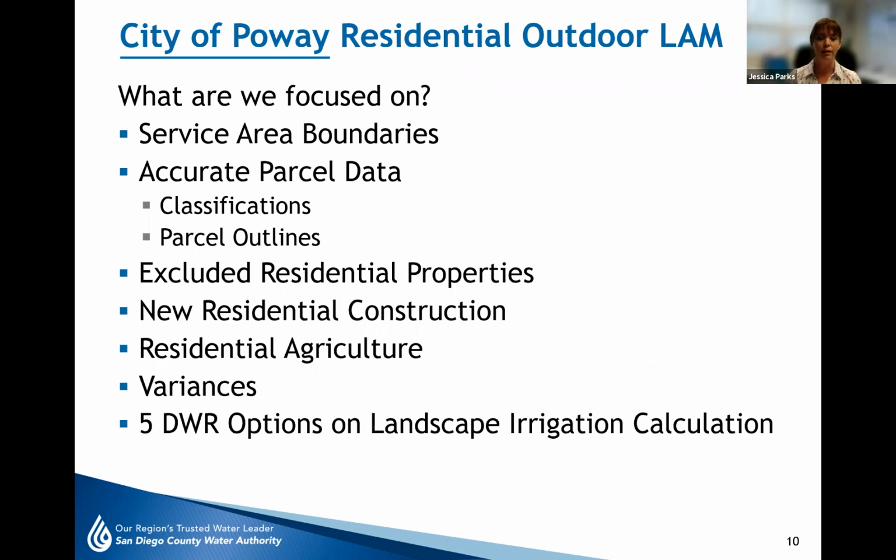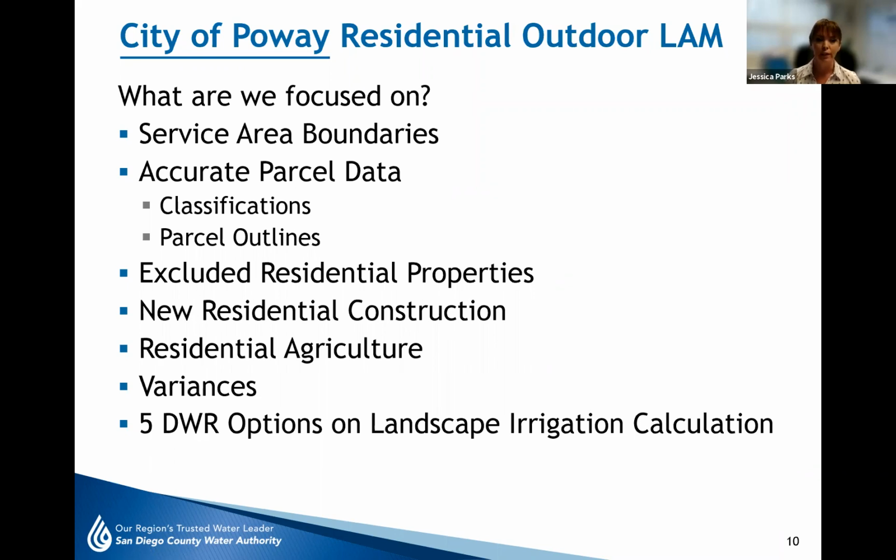Things that we've been looking at in regards to our data, we were looking at each parcel's data in the beginning, only to later decide that that was not the best course to go, nor was DWR, assuming that they were interested in hearing about individual parcel data inaccuracies. We started looking at residential properties that were actually being excluded from the LAM. And we also have plans for new residential construction coming in, and how are we going to be able to incorporate them?